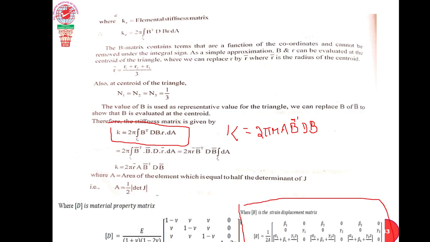D is called what? D is called the material property matrix, that equals, please note this down.